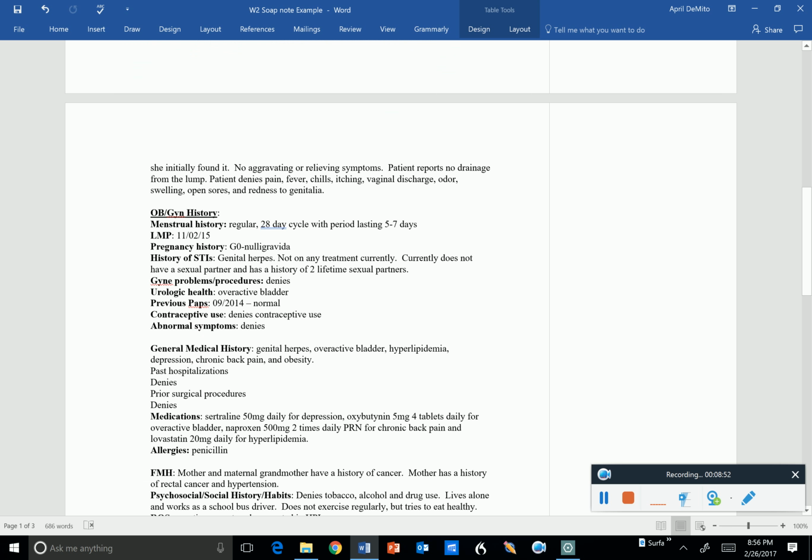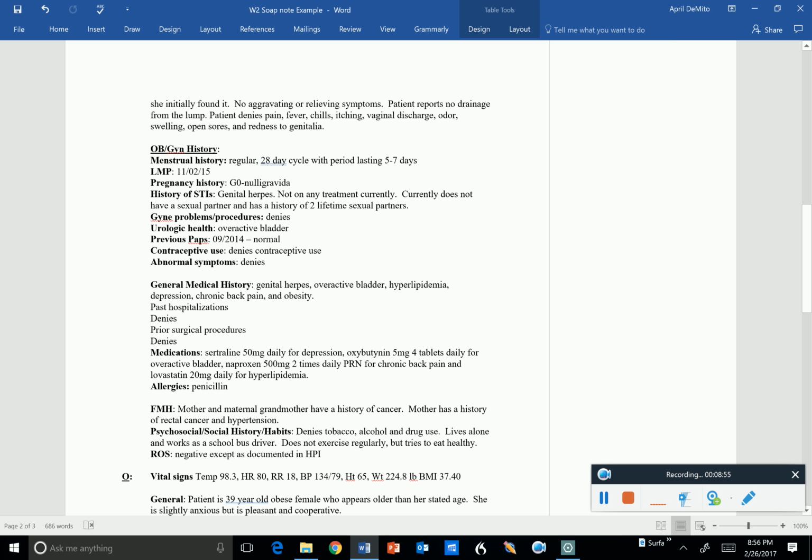Now, in this particular chart, we have her OB/GYN history. And this is imperative. This is women's health. You've got to have a clear understanding of what this patient's OB/GYN history is. And this is part of the S section. General medical history. So what chronic health conditions has the patient had in the past?